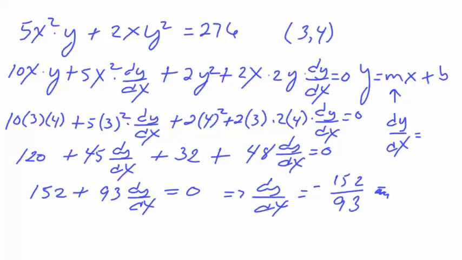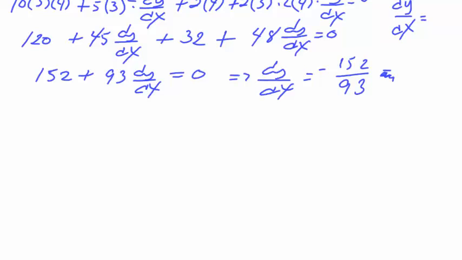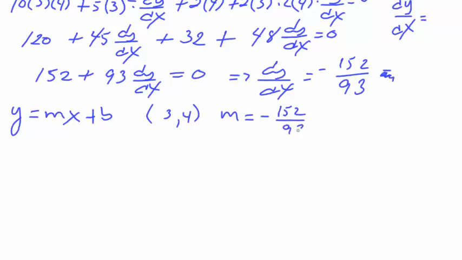All right. Well, we're getting close. Now remember what we were trying to do. Find this. We were given the point 3, 4. But now we have m. M is negative 152 over 93.